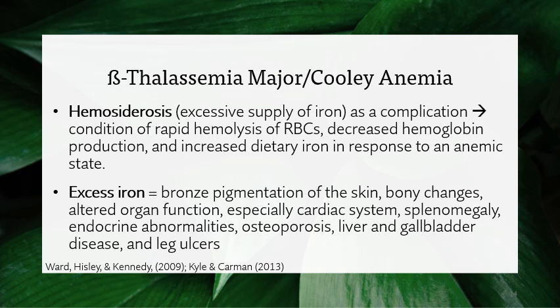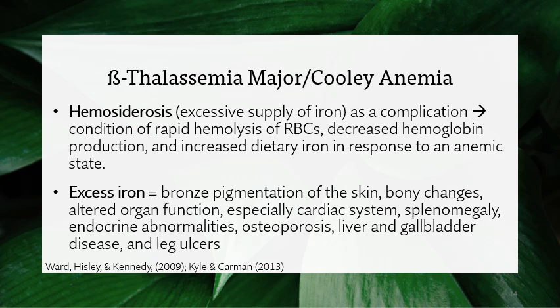This is because the body has very rapid hemolysis of red blood cells and decreased hemoglobin production, but the body still has an increased response to take in more dietary iron. So there, we will have the condition hemosiderosis.